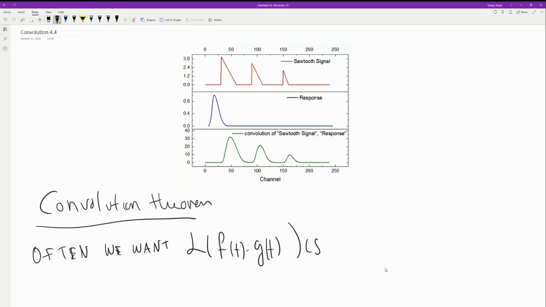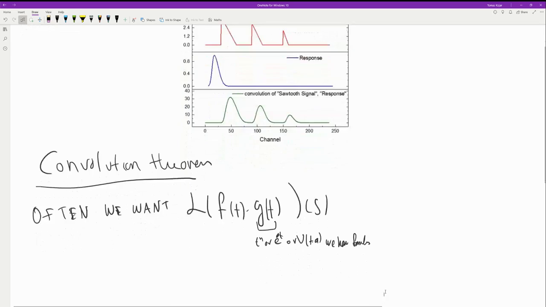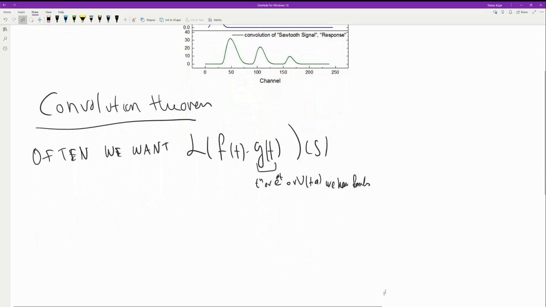So far, when this is t^n, or exponential, or step function, we have formulas. But often we cannot always do this. So here's an example.